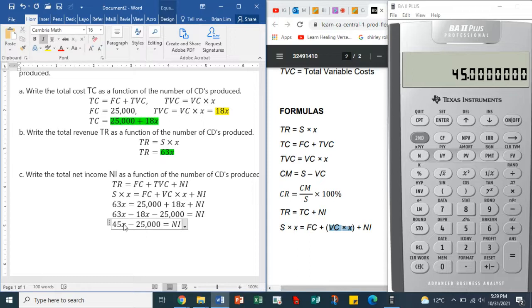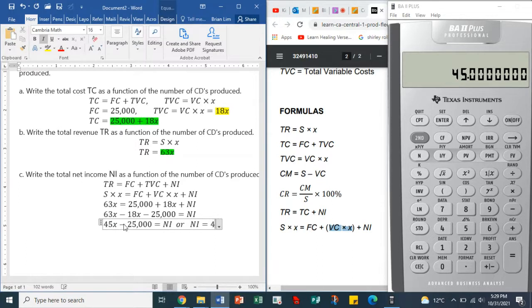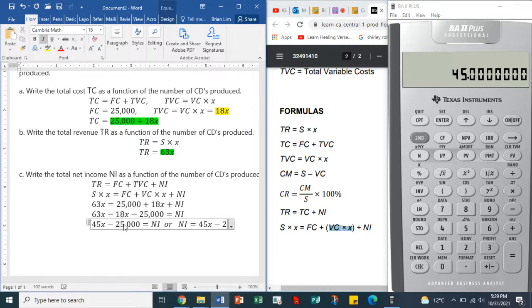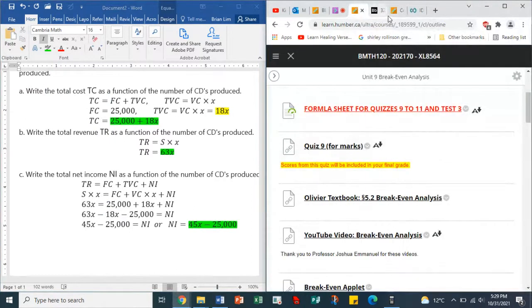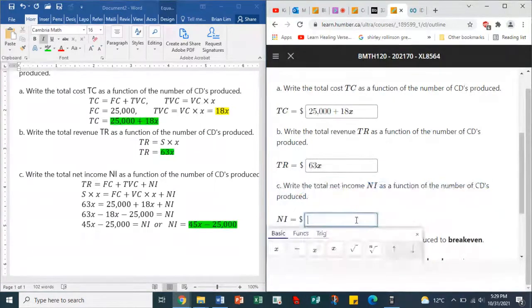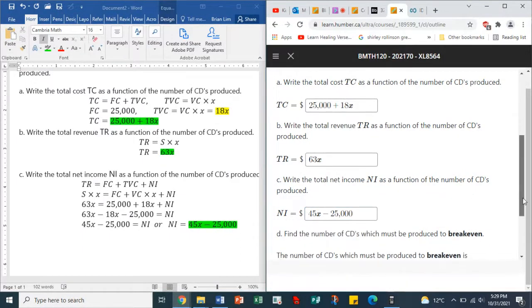Or if you like to put it the other way, net income is equal to 45x minus 25,000. So this would be the answer here, the expression for the net income. Let's put that in green: 45x minus 25,000.